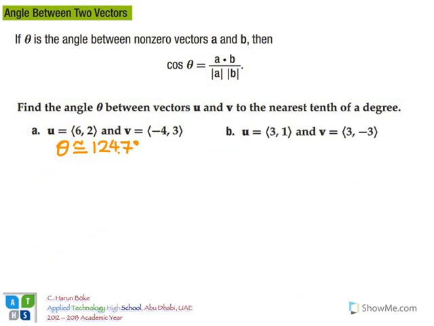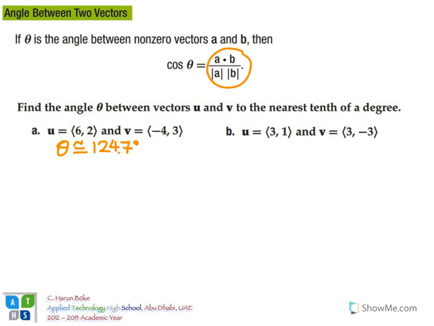So we have u to be <3, 1> and v to be <3, -3>. And instead of writing everything inside this expression, you can just calculate u dot v separately and then calculate the magnitudes, and then you can substitute the values. Let's solve this question with this approach.